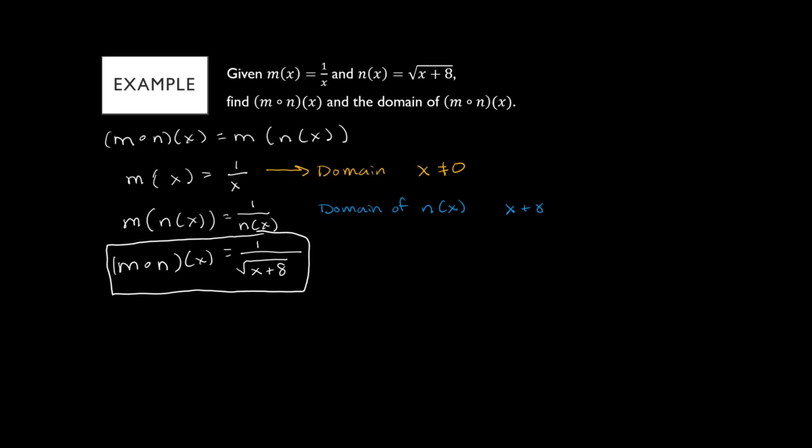So x plus 8 has to be greater than or equal to 0. We can't have negatives in the square root or we can't graph it. So we've got x not equal 0 for m, and the domain of n of x is x plus 8 greater than or equal to 0. If I solve this, you subtract 8 from both sides, and I have x is greater than or equal to negative 8.